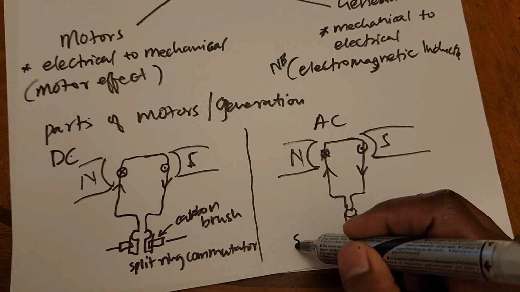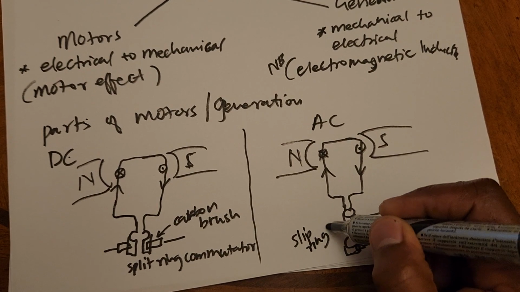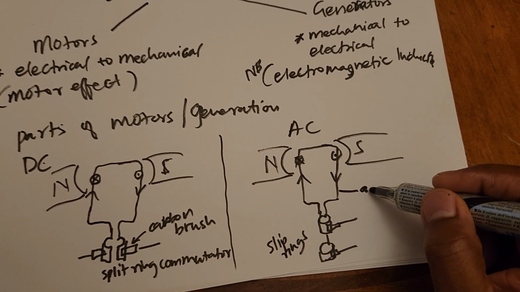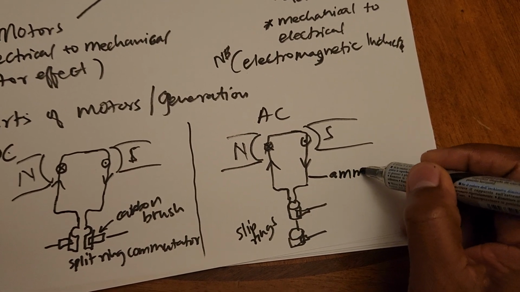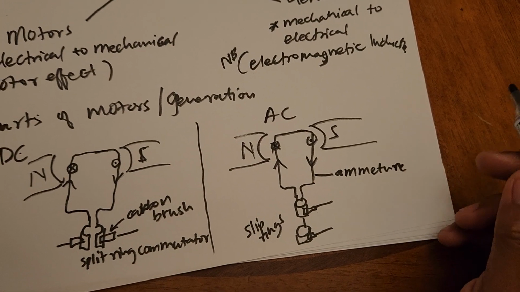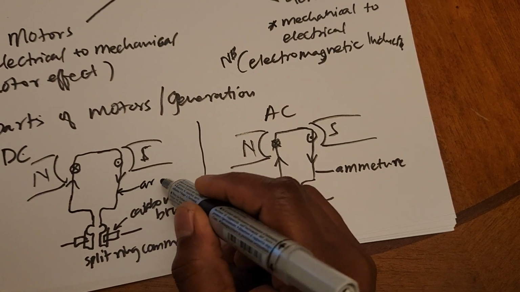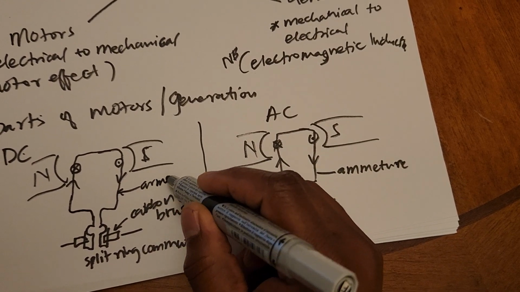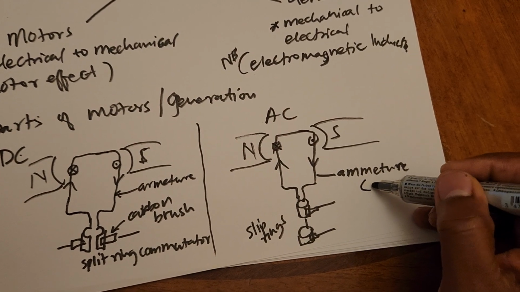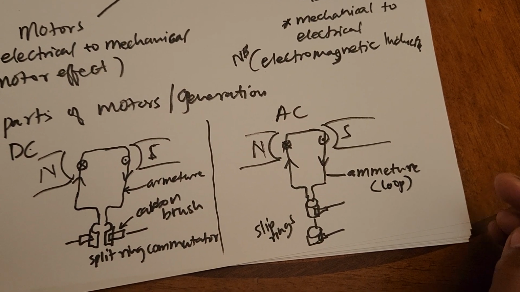These are called slip rings. These are still brushes. This is the armature, or the loop, or a coil in that case.